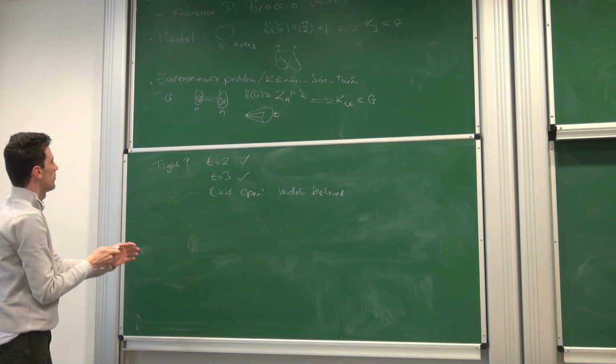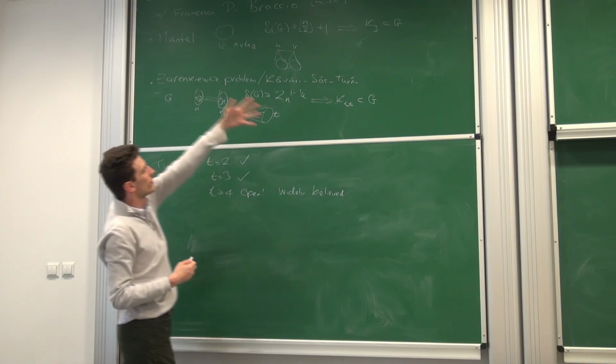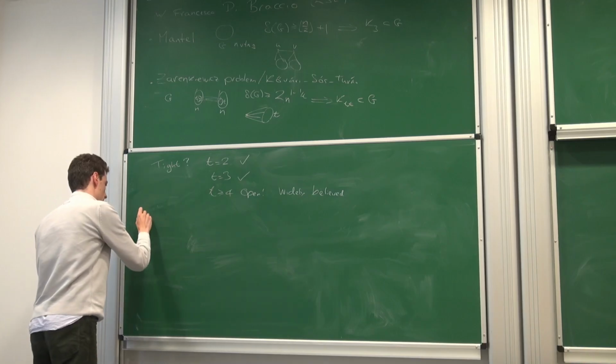Okay, good. So these are typical extremal theorems with some minimum degree guaranteeing you some structure appears.